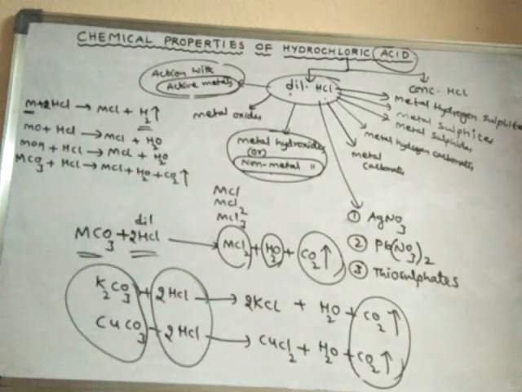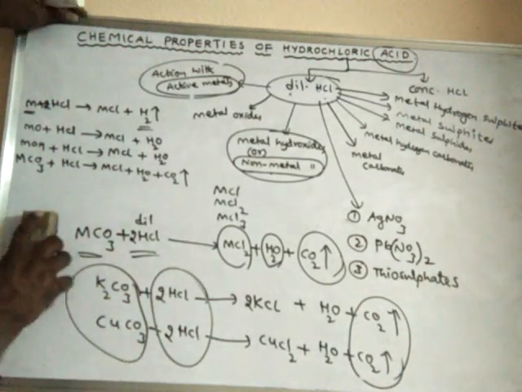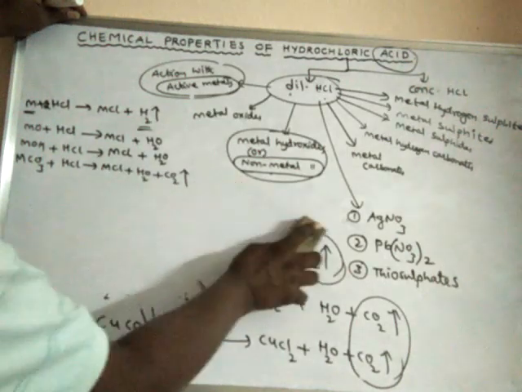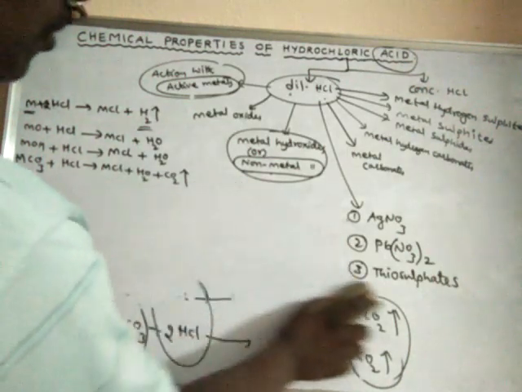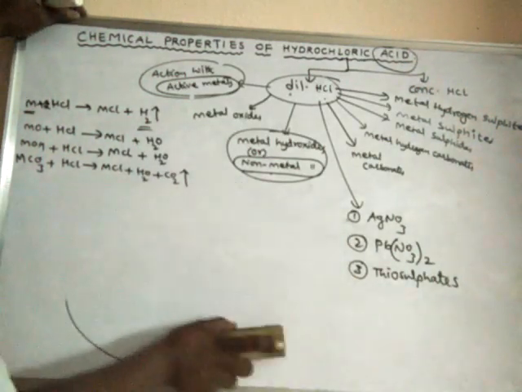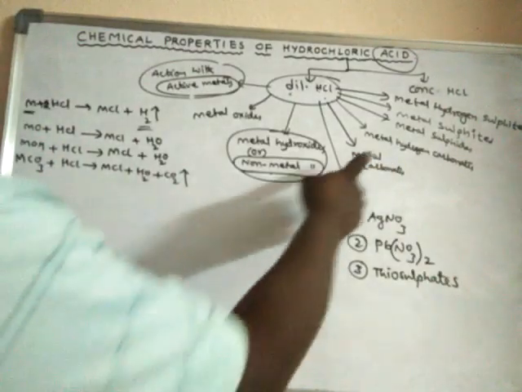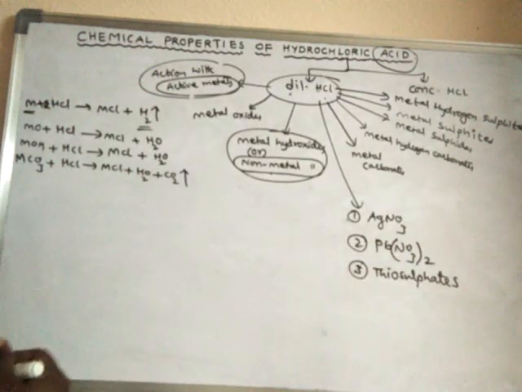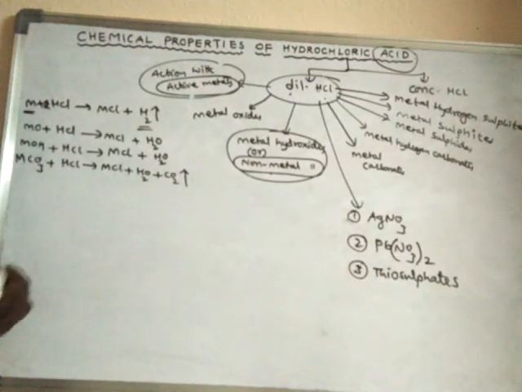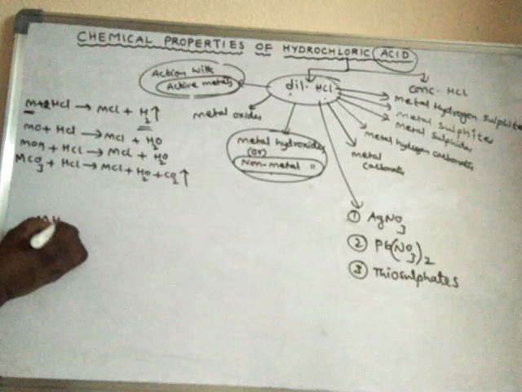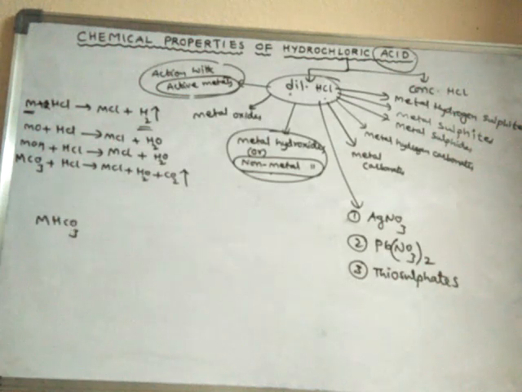Like this we can discuss the reaction of dilute hydrochloric acid with metal carbonates. Even with metal hydrogen carbonates the reaction is the same. Metal hydrogen carbonate means metal bicarbonate; we can call it metal bicarbonate also.